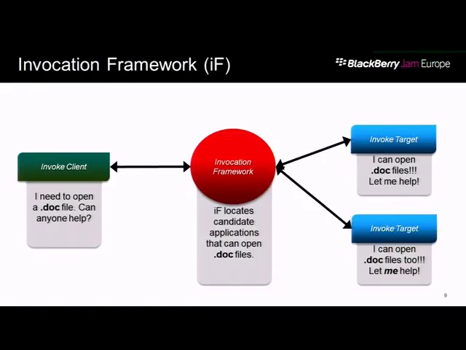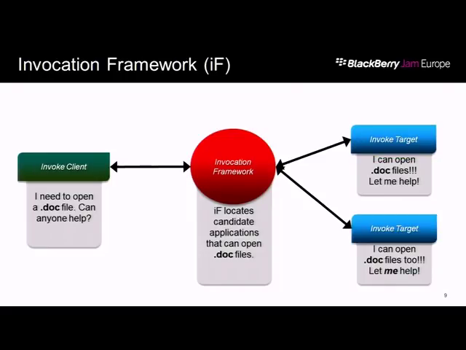It talks to the Invocation Framework. The Invocation Framework locates candidate applications that have registered with the framework that they are able to open a particular type of file or perform a particular type of task. So, in this case, we have two particular applications which are invocation targets.